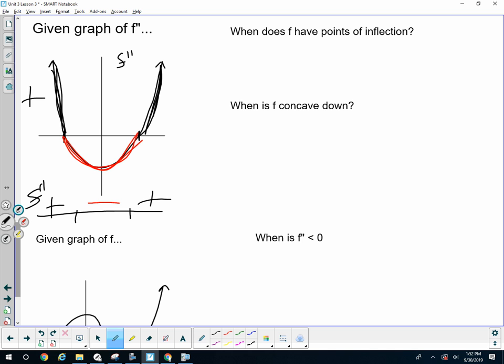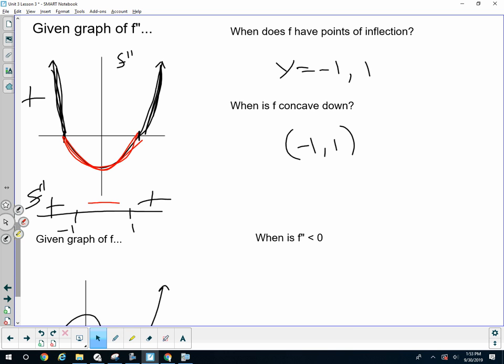So when I'm given the graph of f double prime, it's kind of like I was giving you the graph of f prime and you tell me where f has maxes and mins. You look at the values. F has a point of inflection at -1 and 1. F is concave down between -1 and 1.